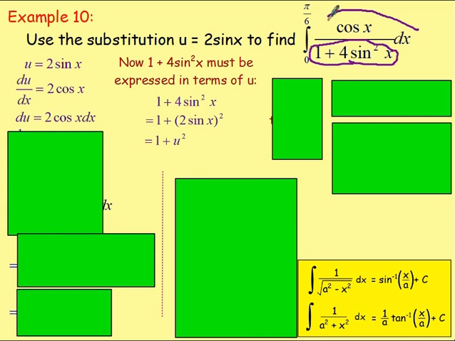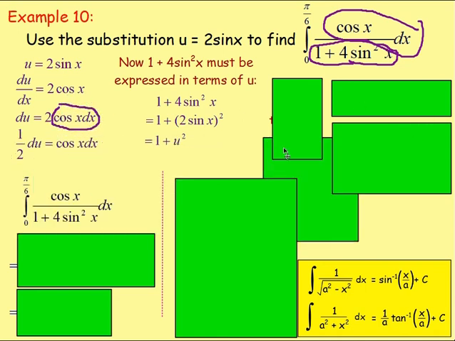But we've also got this cos x dx. Let's go back to that derivative: we found that du equals 2 cos x dx, but we want cos x dx. To get rid of the 2, we divide both sides by 2, so cos x dx equals a half du.